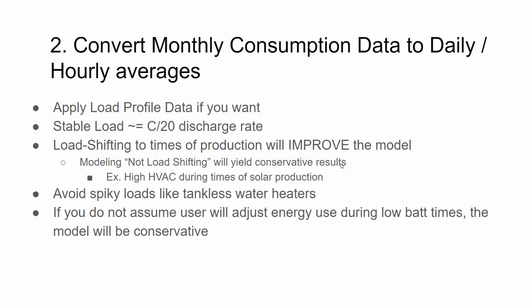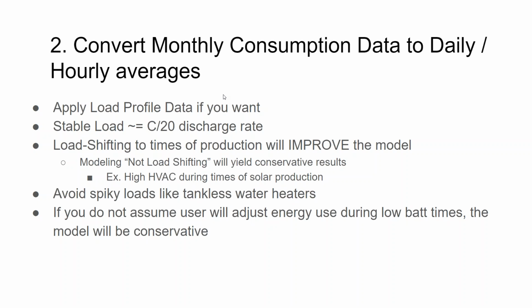And we see that PV Watts has that weather data. We're going to talk about the battery issues and what this C20 discharge rate means when we get more into the hardware discussion.